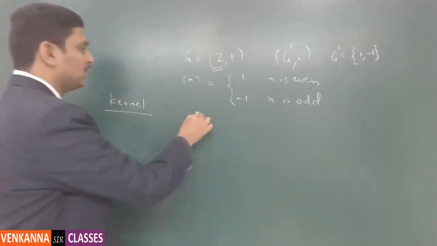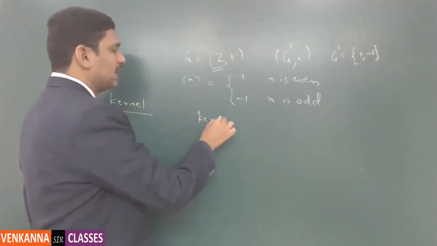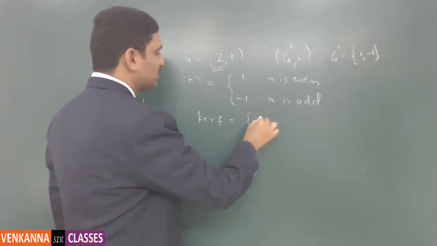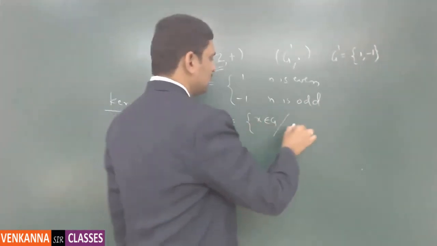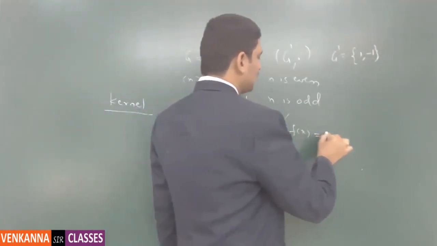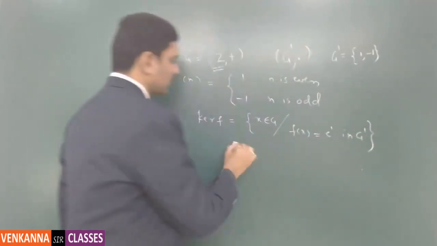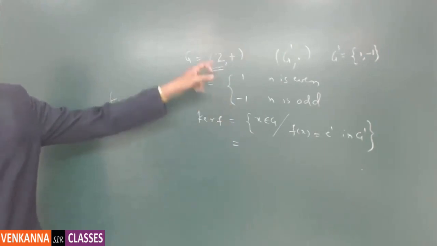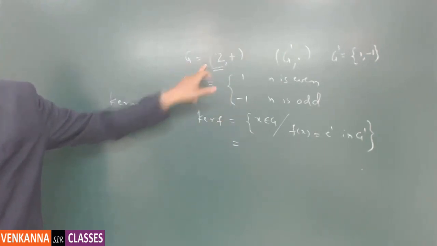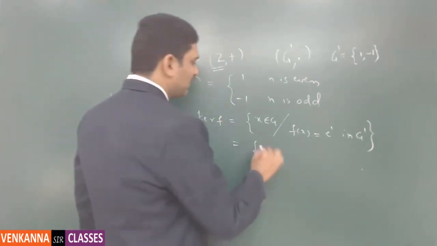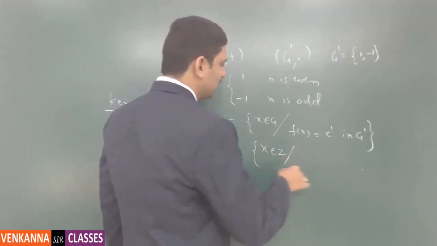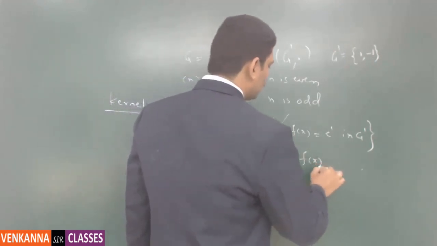So as we define, kernel f is given by the set of all x belongs to G such that f of x is equal to identity in G dash. So here G is nothing but the set of all integers. So this is the set of all elements in the integer set such that f of x is equal to 1.